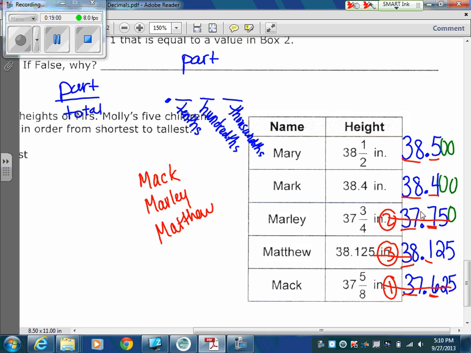Cross it out. And then 38 and 4/10 is next, so Mark is next. Cross it out, and we're left with 38 and 5/10. I just want to look at it and make sure I didn't mess up. And that is Mary.